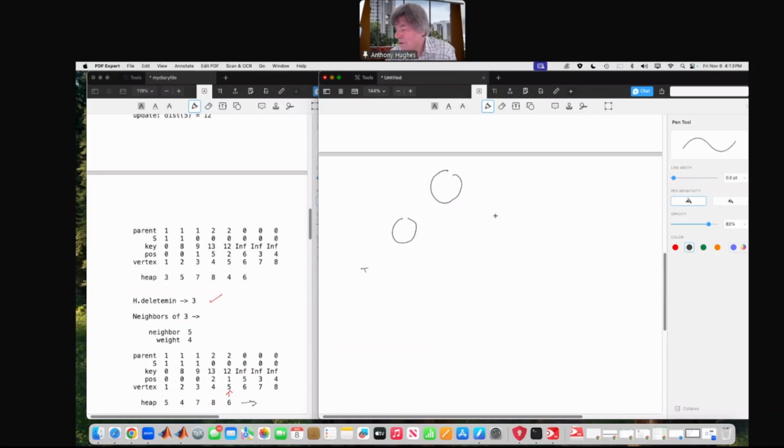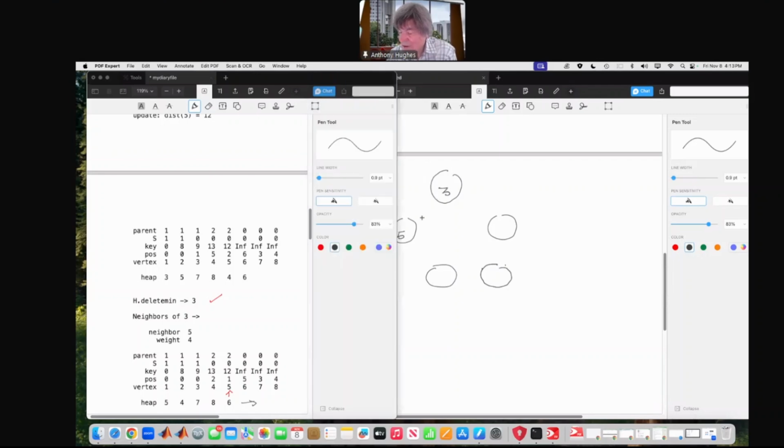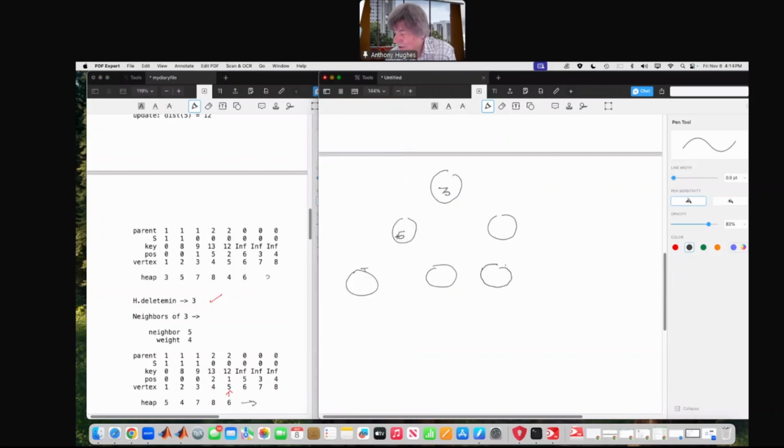2, 3, 4, 5, and 6. Oops, it's horrible looking. Circle. 6. All right. 3 is at the top. 5 is second. 7 is third. 8 is fourth. 4 here and 6 here.